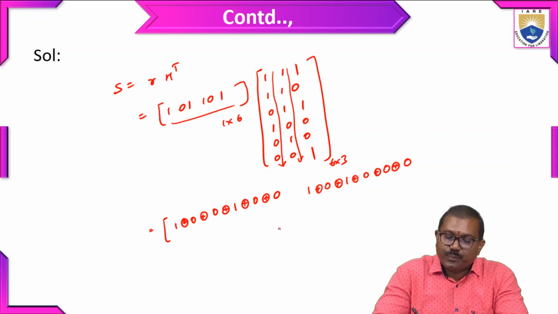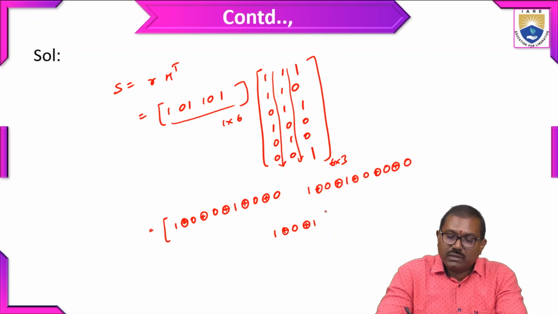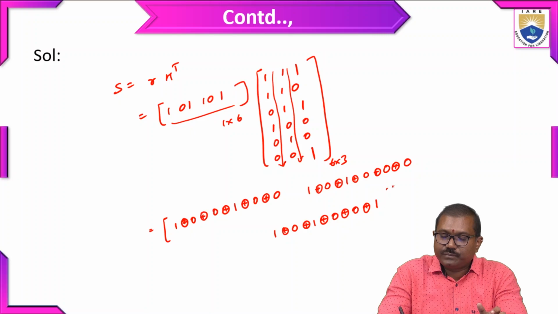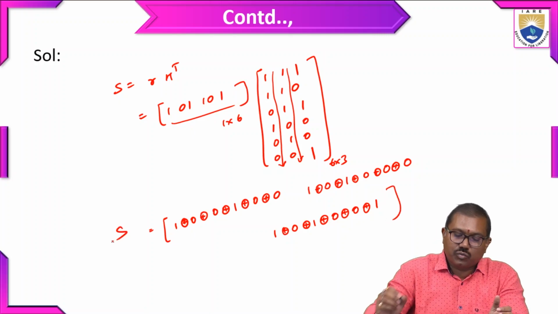Third one: 1 into 1 is 1, XOR 0 into 0 is 0, XOR 1 into 1 is 1, fourth one 1 into 0 is 0, fifth one 0 into 0 is 0, XOR 1 into 1 is 1. So this is my syndrome.